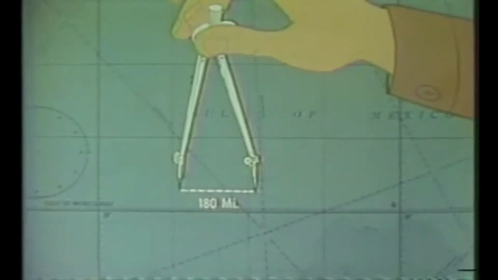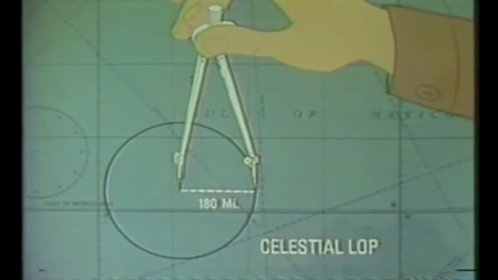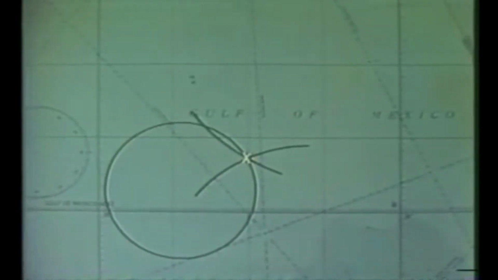Then, you can scribe a circle or segment known as a circle of equal altitude. This becomes a celestial line of position. You are somewhere on its circumference. To get a fix, you must take at least one more observation of a celestial body, preferably two. This is a very simple method to locate or plot a line of position.